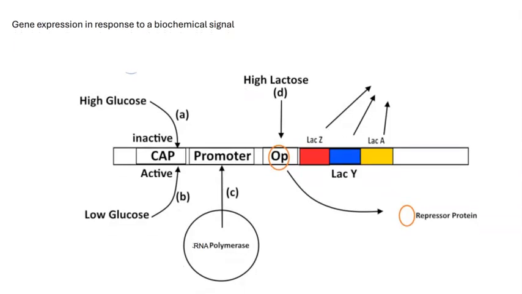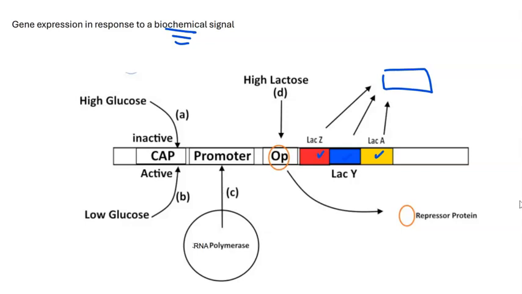And so this is where our biochemical signal comes into operation. So let me try and lead you through the mechanism of this variable response. So we have here our Lac Z, Lac Y, and Lac A genes, and we've already been through what they produce.